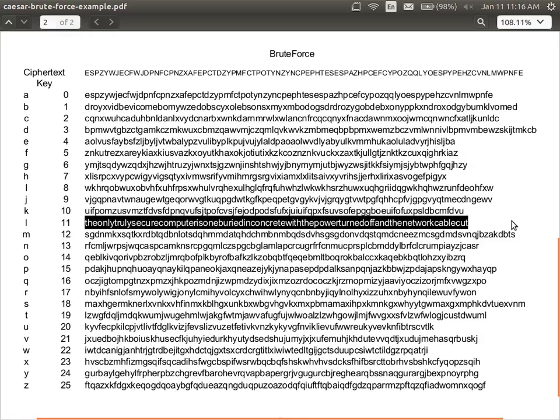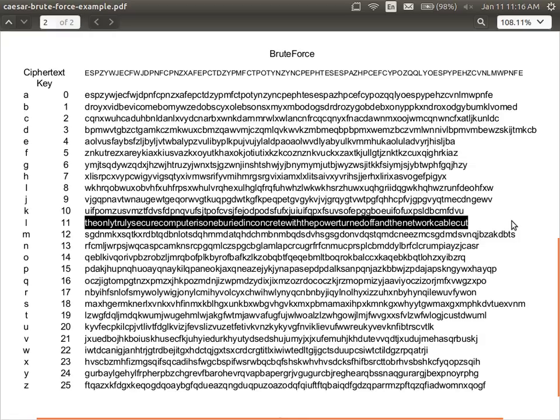If you use the right key, you'll get a message that does. So that's one part of the brute force attack, or any attack. The attacker needs some way to recognise: is this plaintext the correct one or not?